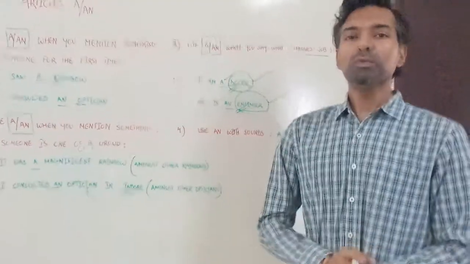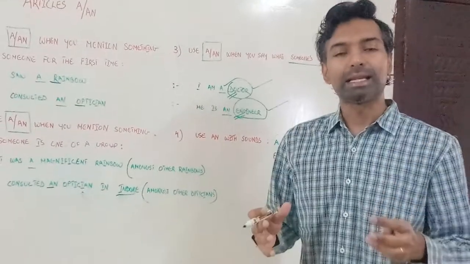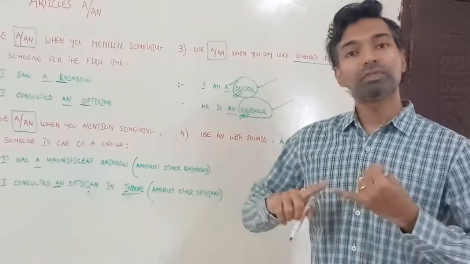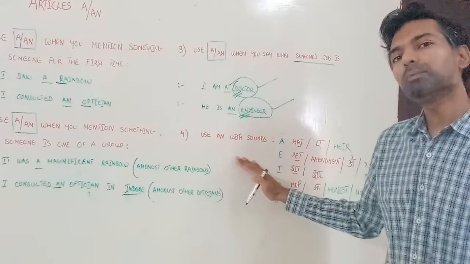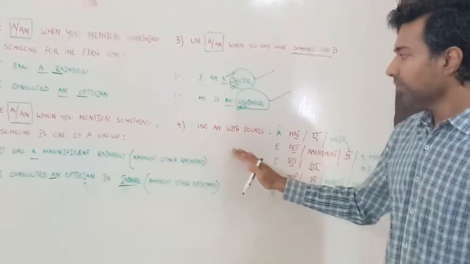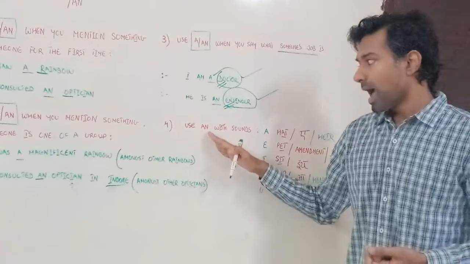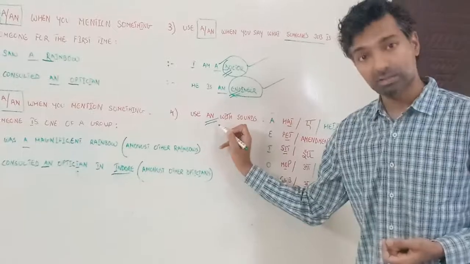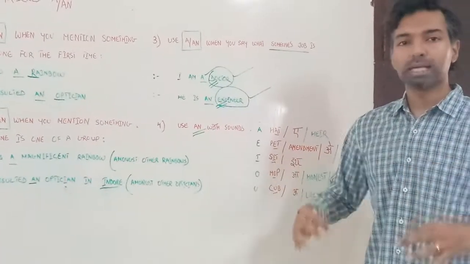But I would want you guys to find it easier to decide on the usage of a or an. So my fourth point would rather be more helpful. Use an specifically with sounds, so not with the spellings, but with sounds.